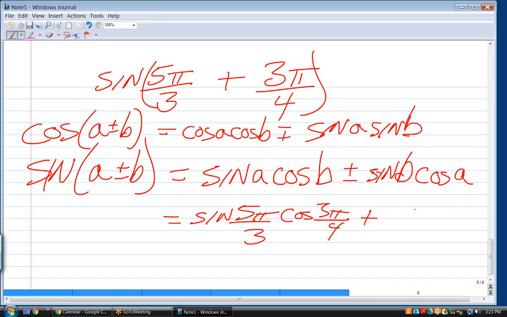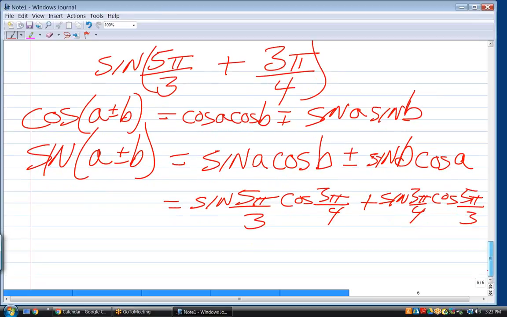So what's the rest of this? Then it would be sine 5 pi over 3, then cosine 3 pi over 4. All right, now let's substitute. What's sine of 5 pi over 3? Which quadrant is that in? 4.